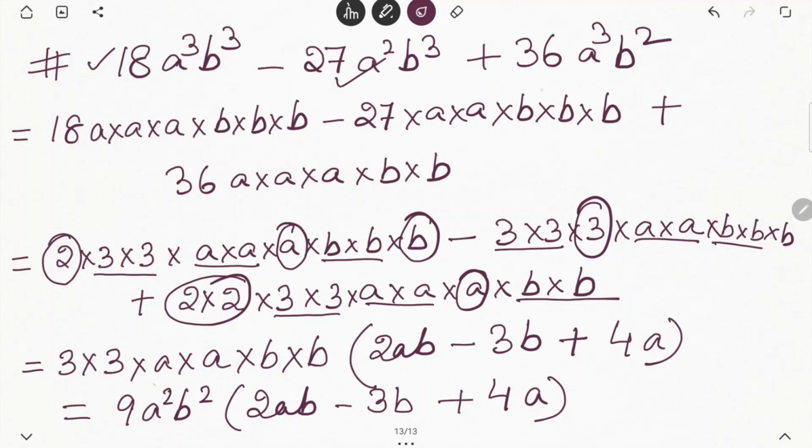I get 36a cube b square. So I have got my original expression, so I can say that this is my final answer. So always remember one thing, that whenever you are doing factorization, your answer should always come in product form.